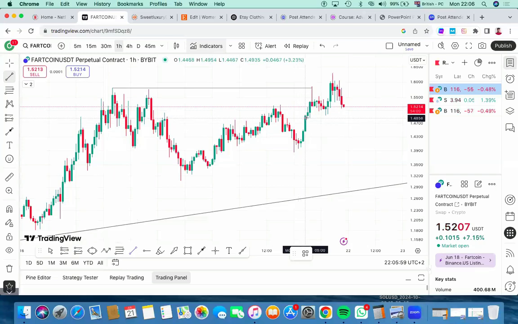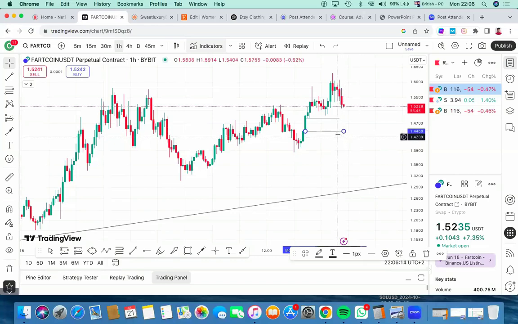So there's this fair value gap here, which in the 30 minutes time frame can actually be a nice trade.